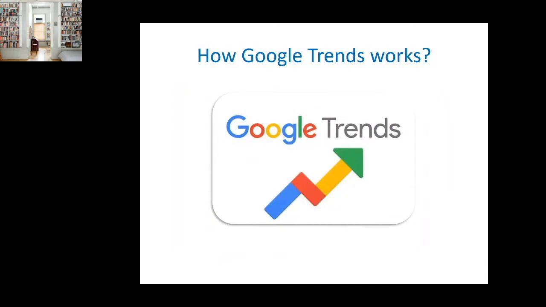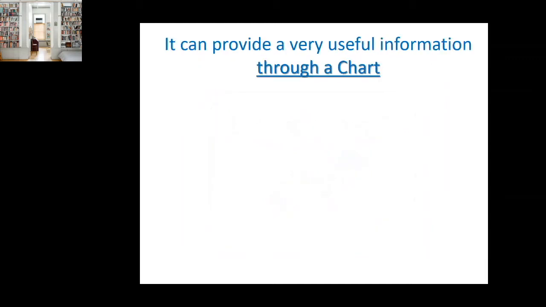Google Trends is very useful, but how does it work? It provides very useful information through charts. More specifically, how does it look? First, we have a chart with the search frequency of a keyword.